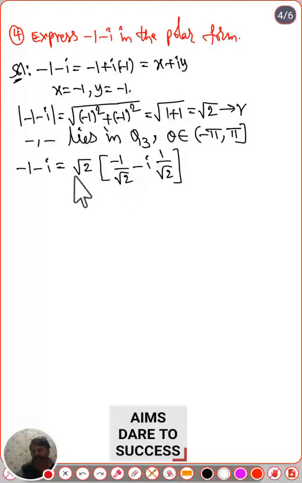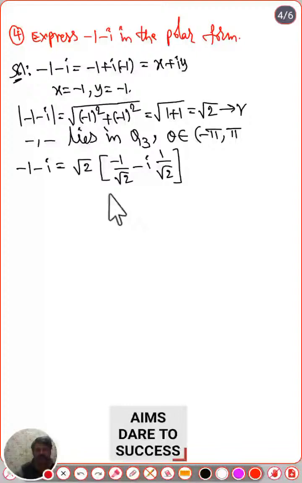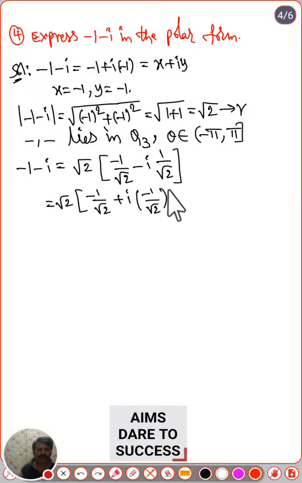This part is cos of minus 135, and this part can be written as root 2 into minus 1 by root 2 plus i into minus 1 by root 2. Now cos of minus 135.